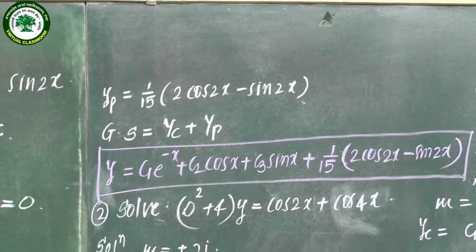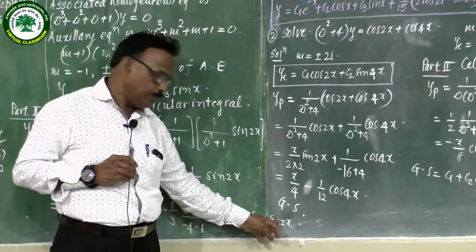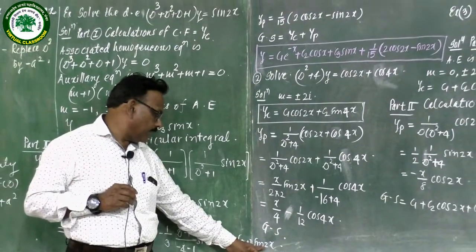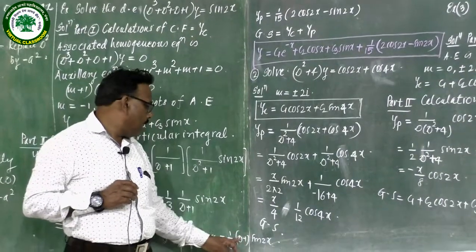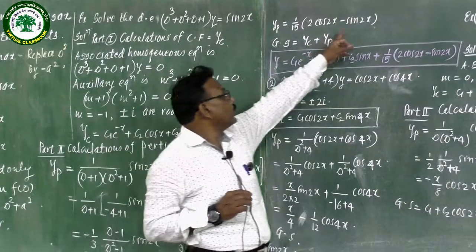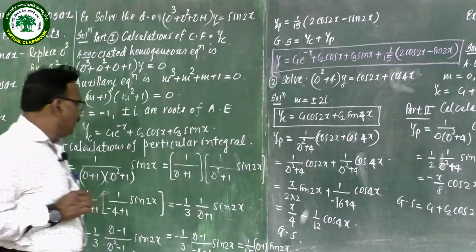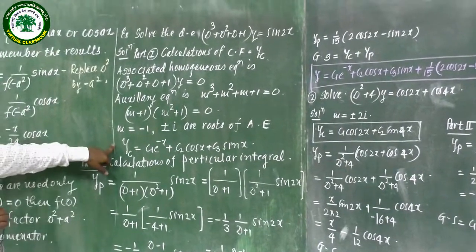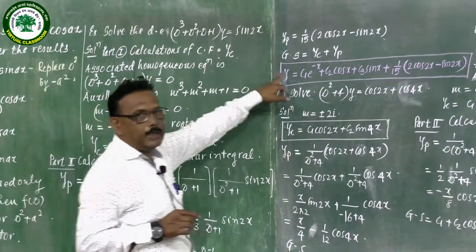minus sin 2x). 2 cos 2x means D is operated on sin 2x, the derivative of sin 2x is 2 cos 2x, and minus 1 is operated on sin 2x, which will be minus sin 2x. Hence, the complementary function was already calculated. Here it is, the particular integral.